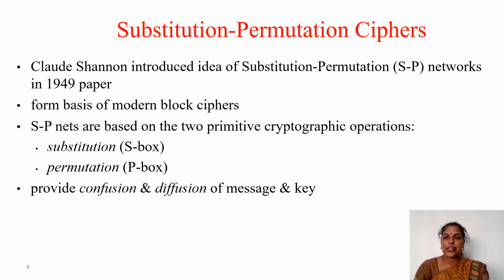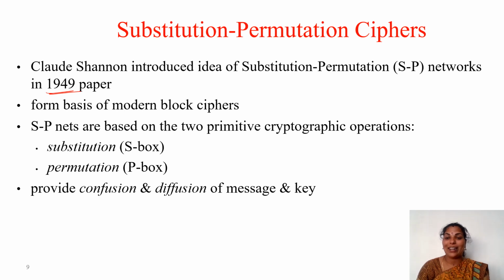Next is substitution permutation ciphers. We already know that we can have some hybridization, like substitution followed by substitution, or substitution followed by permutation. But if you have substitution followed by permutation, then the security is more compared to just a substitution or just a permutation. Claude Shannon introduced this idea of substitution permutation networks in a paper in the year 1949.